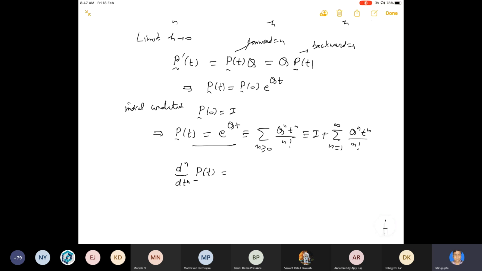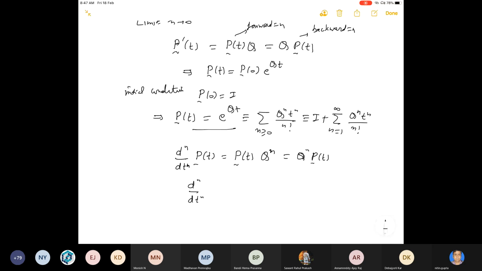First derivative will be e raised to power Qt into Q, so that is P(t) Q. Similarly, second derivative is P(t) Q squared. So therefore this will be P(t) Q raised to power n. So when t is equal to 0, this is Q raised to power n.